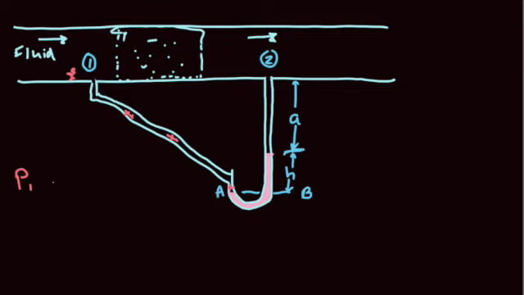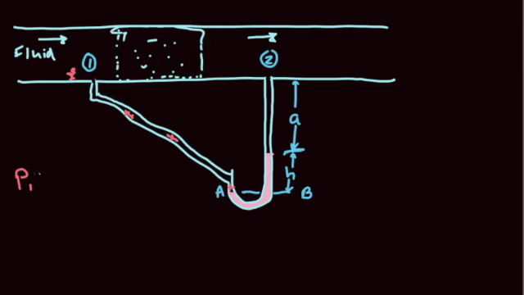Is he experiencing an increase or decrease in pressure as he goes down this fluid? It's an increase, right? It's kind of like diving into a pool: as you go towards the bottom, it increases in pressure.